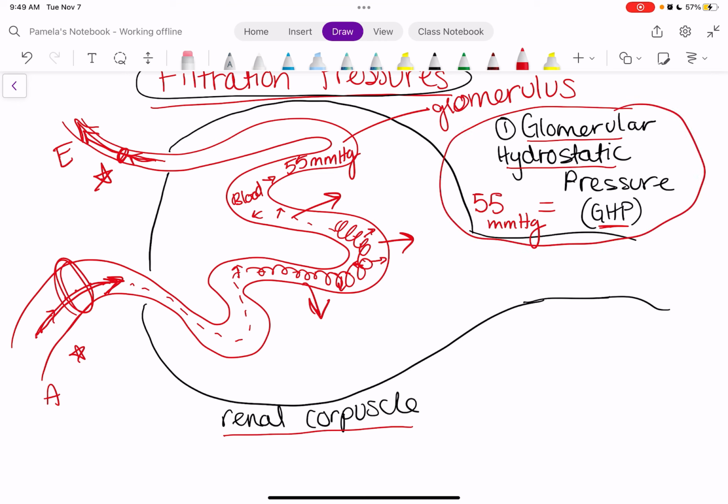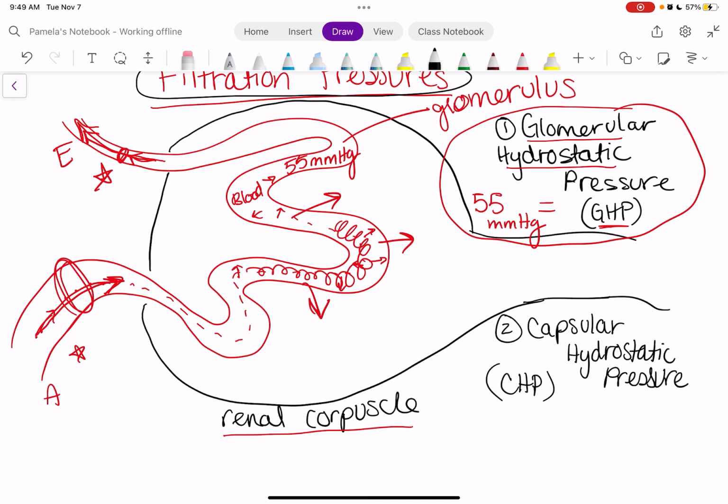Now, our second pressure that we need to consider is called our capsular hydrostatic pressure, or CHP.